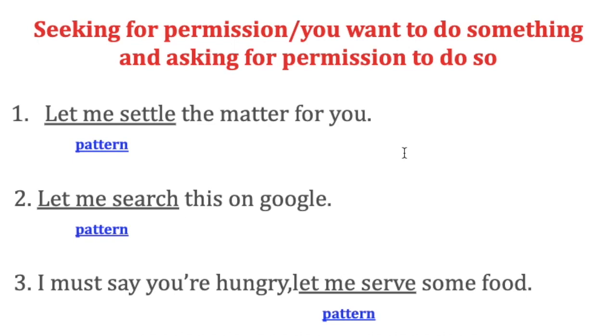You came in between and took the initiative and said, "Let me settle the matter for you." Look at the pattern: let, objective pronoun, and settle, the first form of the verb. So always remember, it will have the first form of the verb in any kind of tense.